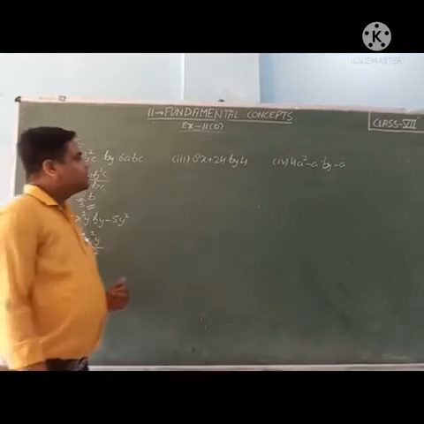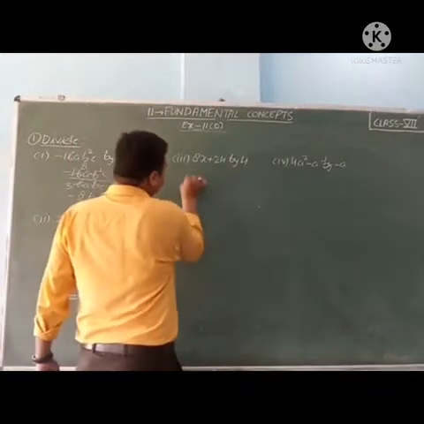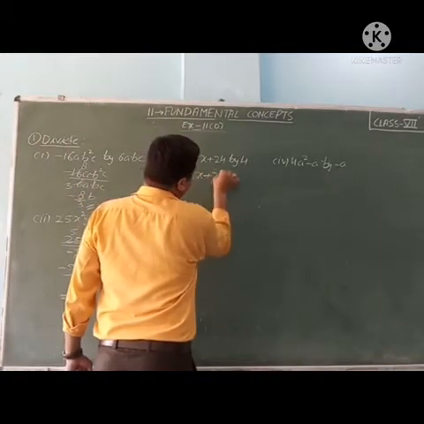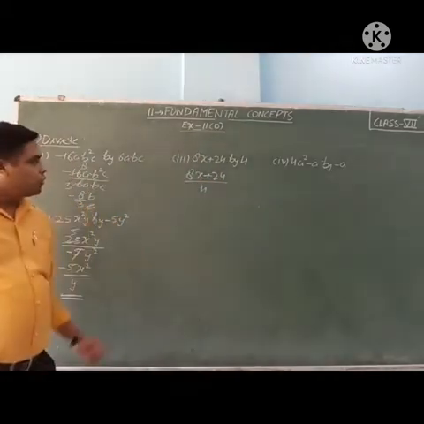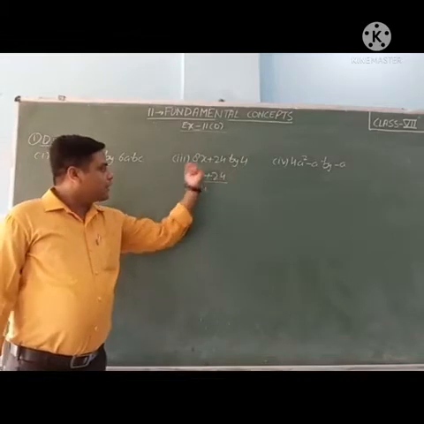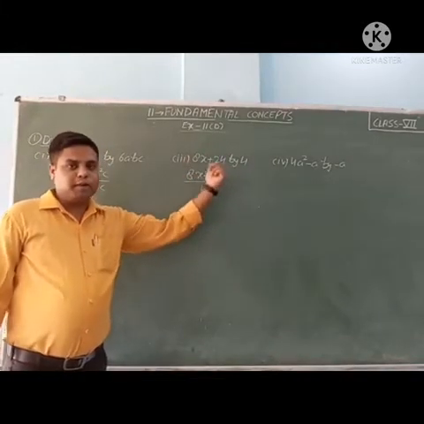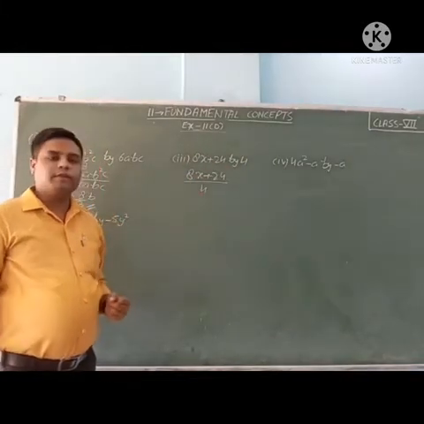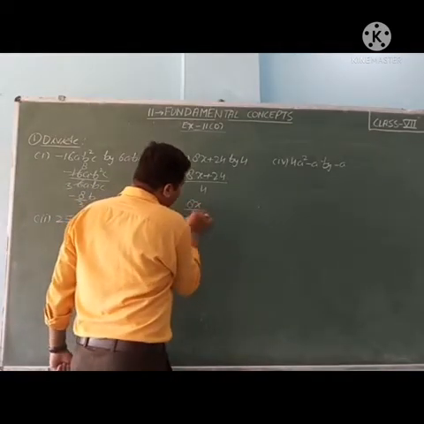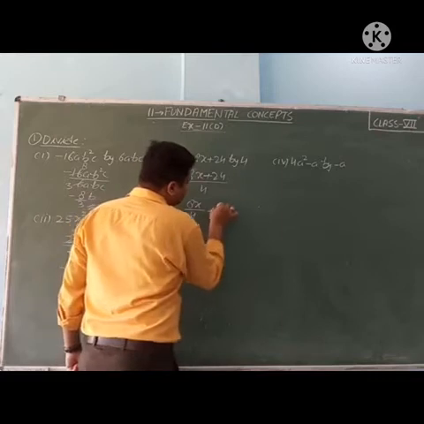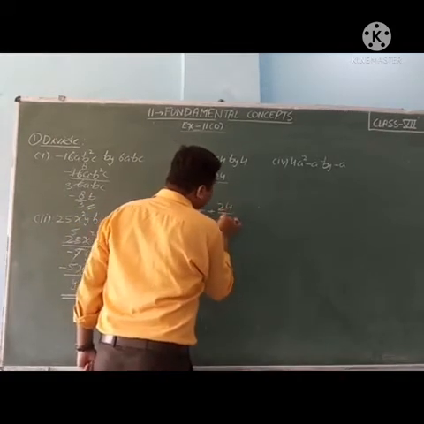Move to the third part. 8x plus 24 upon 4, like this. You can see this expression is a binomial. So how can we divide this? We will divide 8x upon 4 plus 24 upon 4.